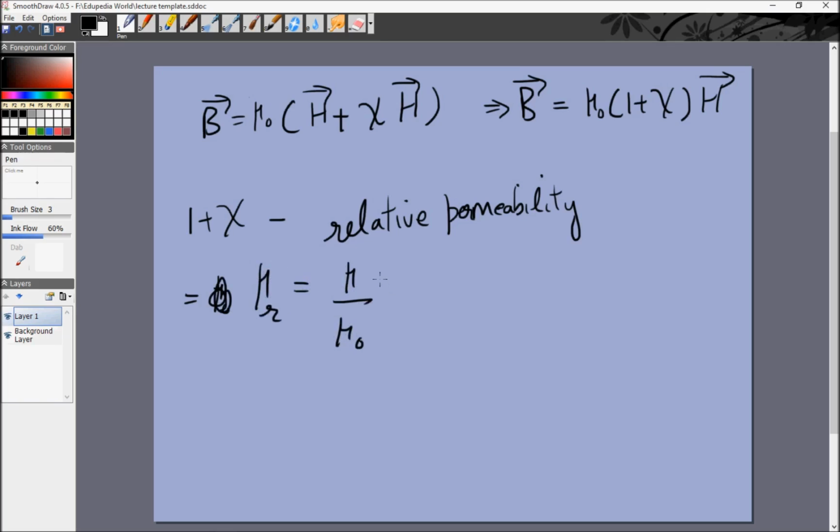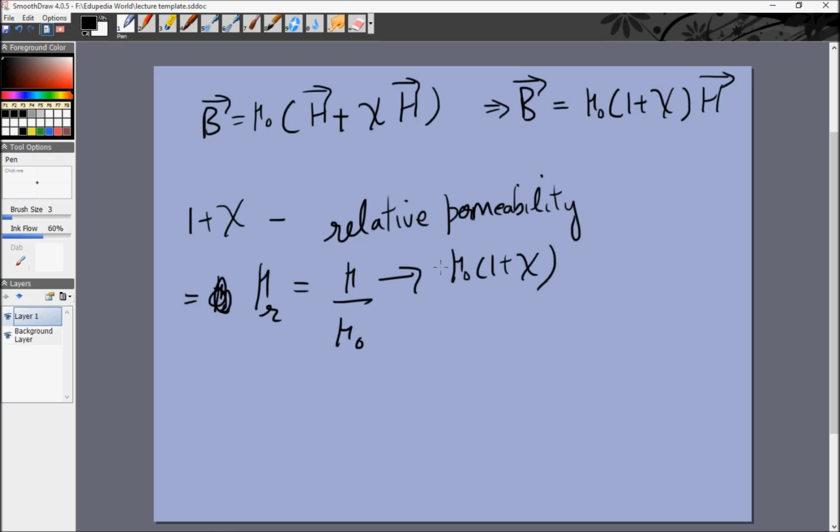Mu naught is the original, and mu now is mu naught times (1 plus chi). So earlier what was mu naught has now been replaced by mu naught times (1 plus chi), and 1 plus chi will be slightly smaller than 1 if it's a diamagnet, slightly greater than 1 if it's a paramagnet, and a very high value if it's a ferromagnet.